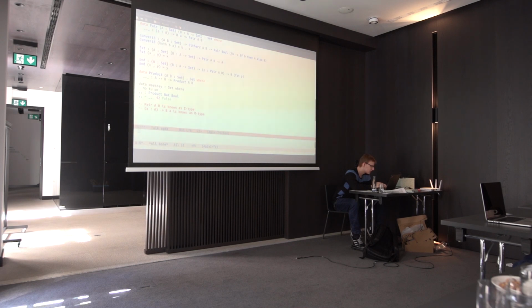Monday, Tuesday, Wednesday, Thursday, Friday, Saturday, Sunday. Okay, we have weekday, and this weekday type has 7 elements. So how many are there elements of type product bool weekday? There are 14, right? I can have, for example, Monday false, false Monday.